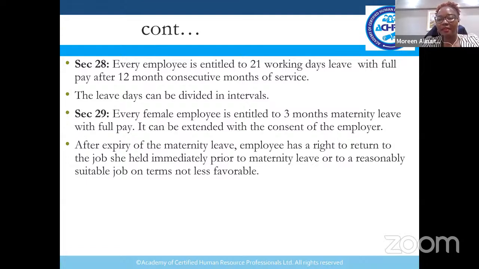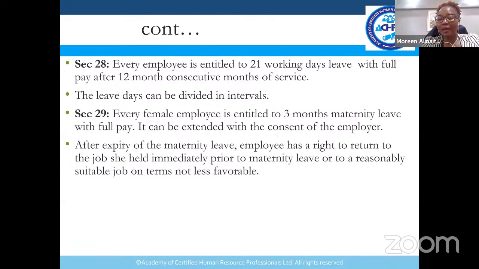At the time of birth, that person must have been a female. So if that person went and changed their gender by operation or whatever, the law does not recognize them as a female employee, and they will therefore not be entitled to maternity leave in case they give birth. I don't know if it is possible, but that's the position in Kenyan law. So somebody who was born a female is considered to be a female according to the Employment Act.